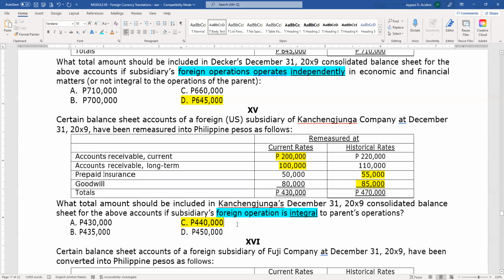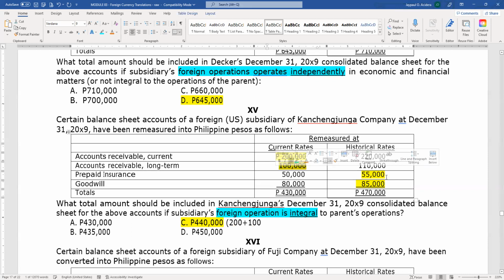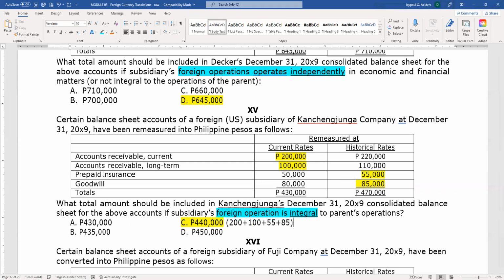Okay? So to get the correct answer, add nyo lang yung mga figures. So 200,000 here, okay, plus 100 ng long term, plus 55 the prepaid insurance, then 85 the goodwill. Okay? You will get 440,000.